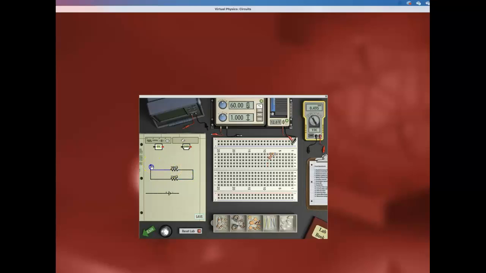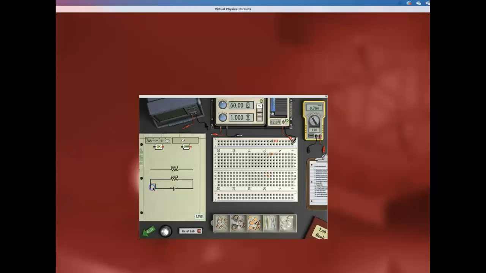Okay, then here I want to get rid of this wire here, and pay attention to which one is R1 and which one is your R2. You don't want to be messing this up.